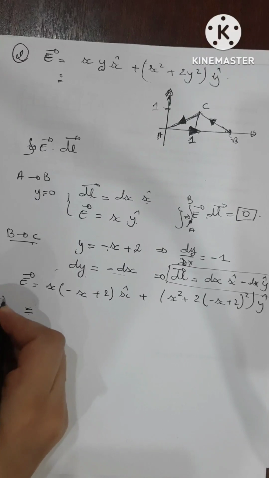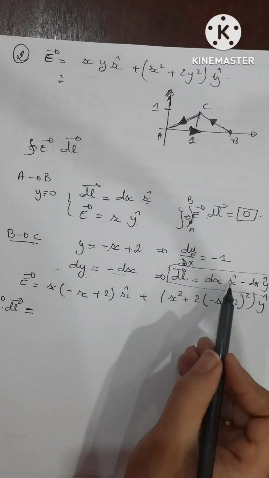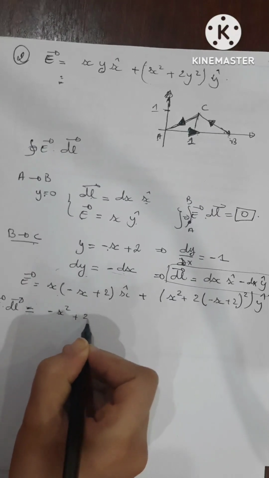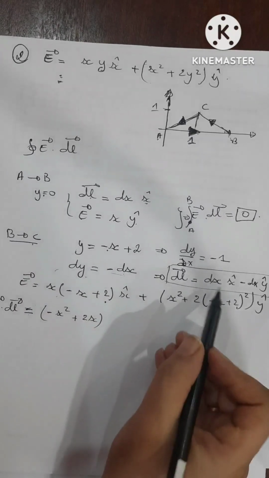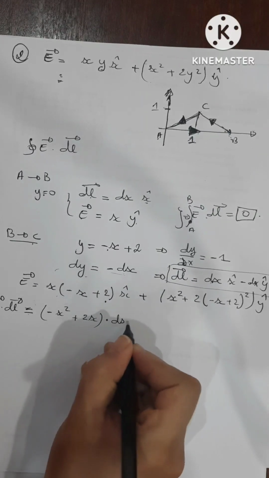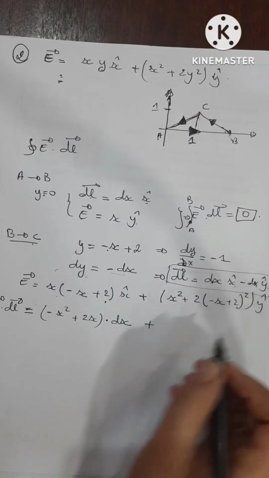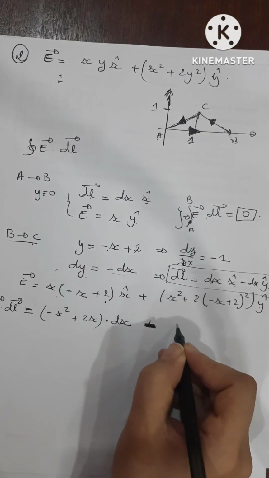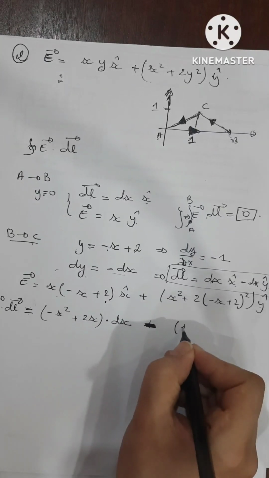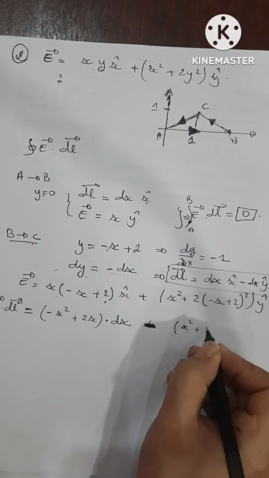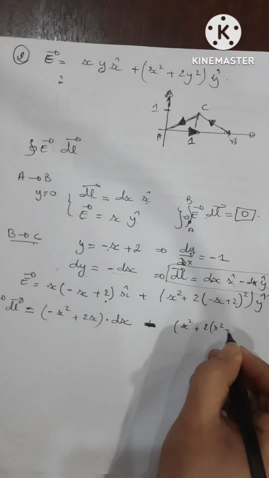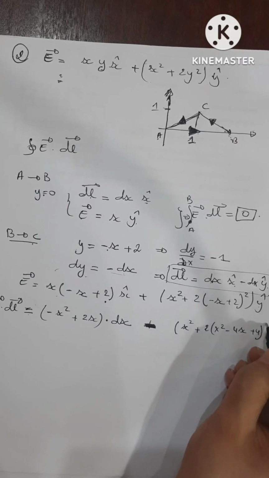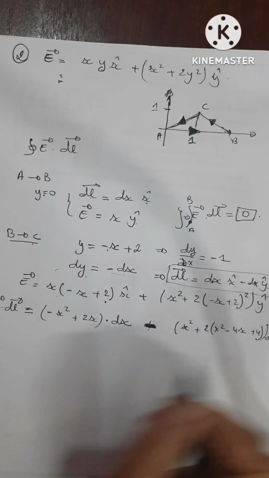Okay, now E dot dl: the x component is minus x squared plus 2x, times dx, plus the y component, x squared minus x plus 4, times minus dx.